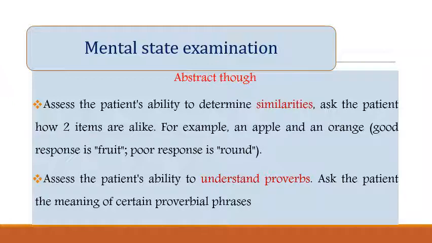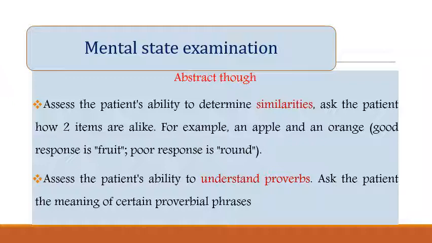Abstract thinking. Abstract thinking is assessed on two points. Can the patient find the similarities between things, and can he understand a proverb? To assess if he can find these similarities, I simply ask him, for an apple and an orange, how are they similar, how are these items alike?